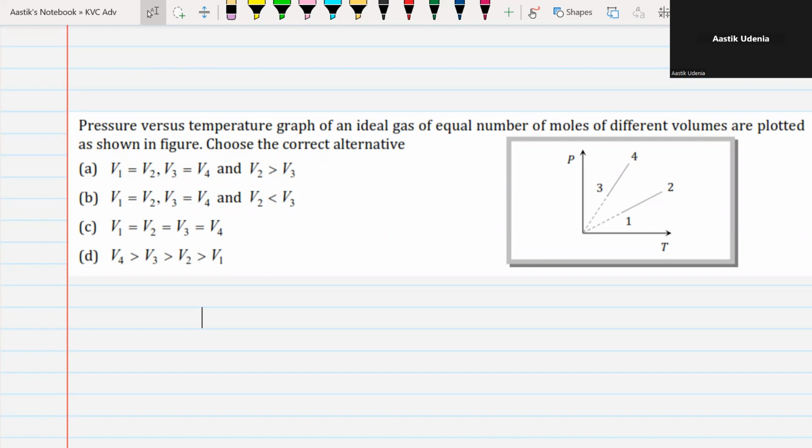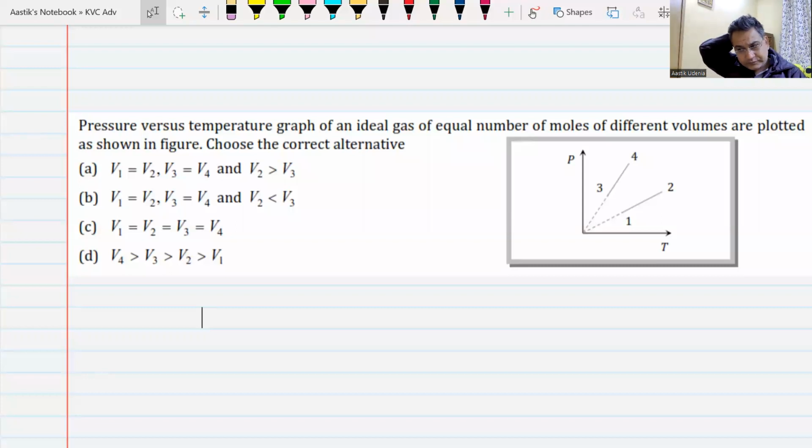Pressure versus temperature graph for an ideal gas with equal number of moles. Different volumes are plotted. Which is the correct option? V1, V2, V3, V4. It's a very simple question. Many questions have come in JEE based on this.